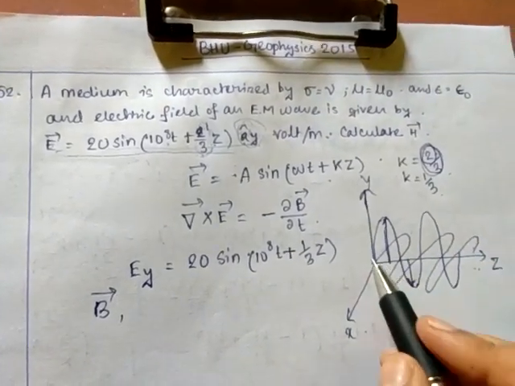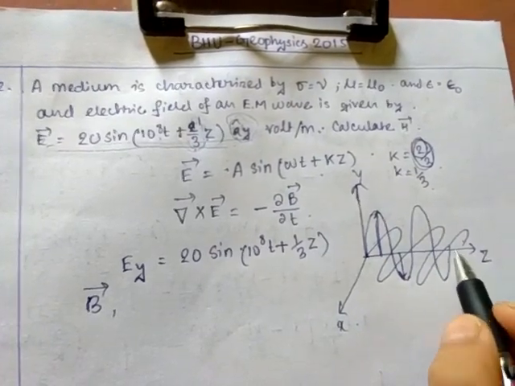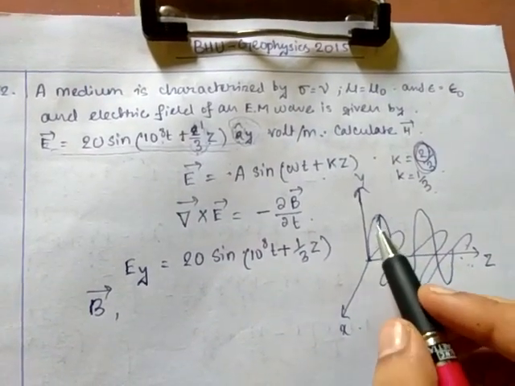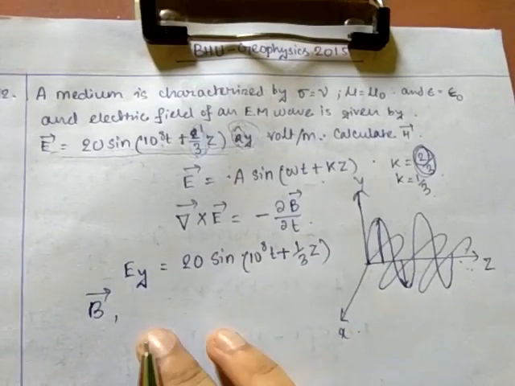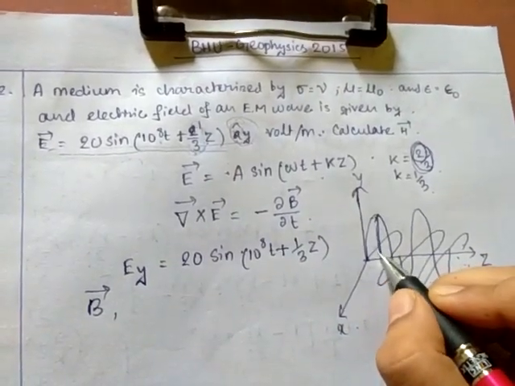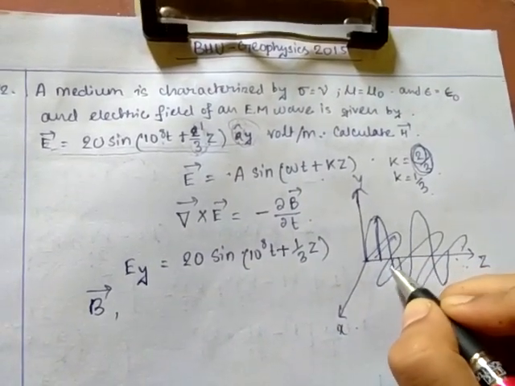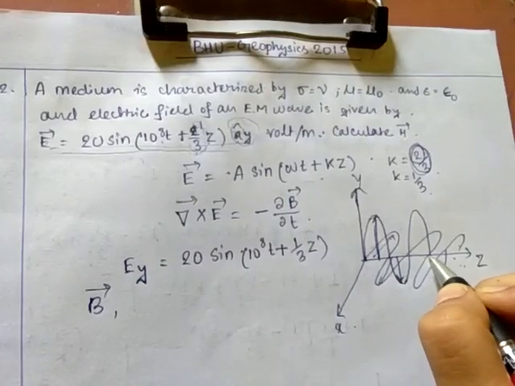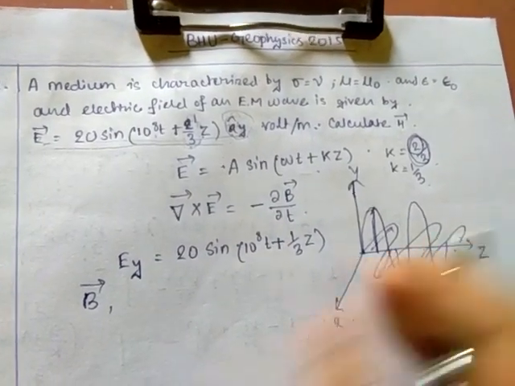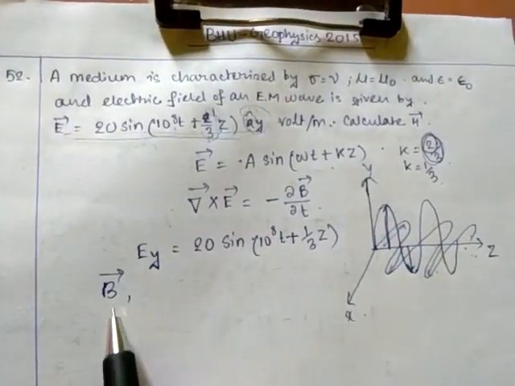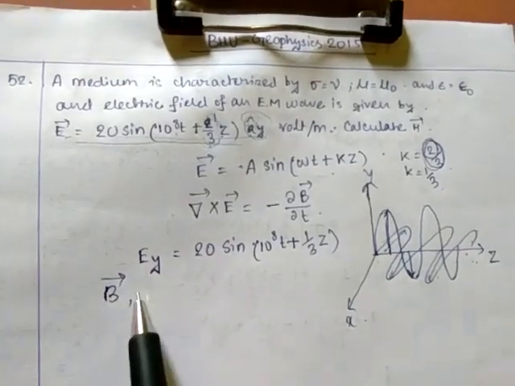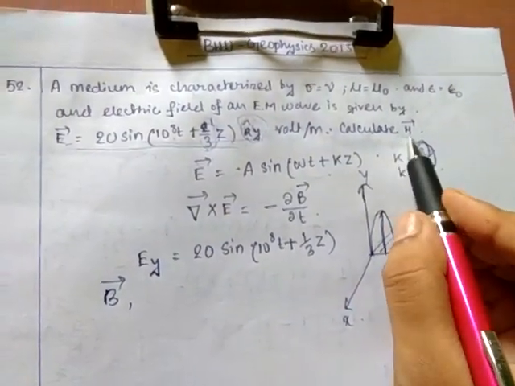So the wave is proceeding along z direction, electric field vibrations are along y direction, and B vector is along x direction. So this is the vibration due to B vector. Now we have to find B vector, and from B vector we will calculate H vector.